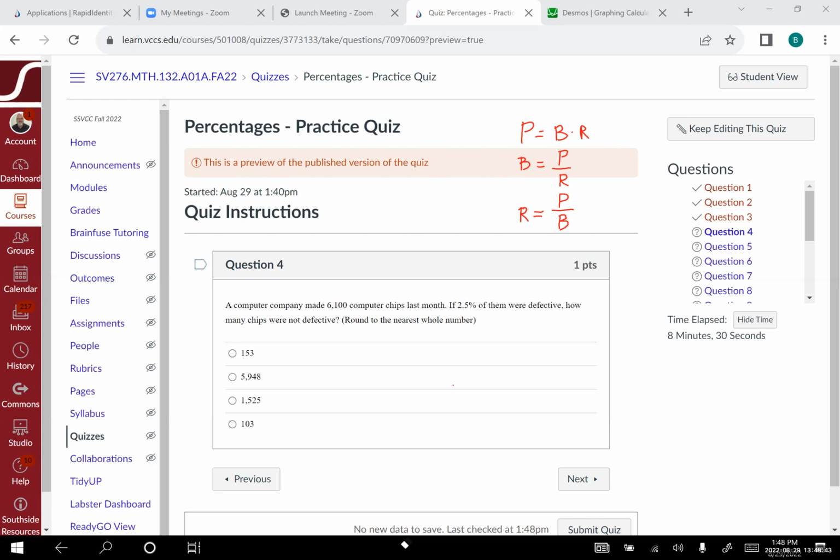So in this problem, 6,100 computer chips, if 2.5% were defective, how many were not defective? Well, first of all, let's find the defective ones, and then we'll know how many were not defective. 2.5% of 6,100 were defective. So I'm going to use the very first formula up here. I'll number them so you can see which ones I'm referring to.